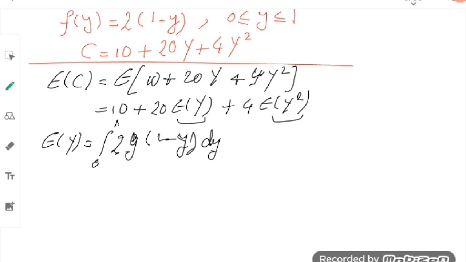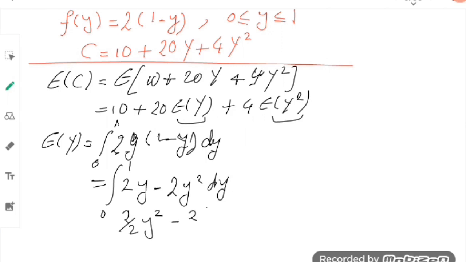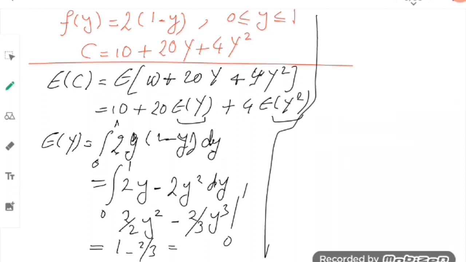This will be 2y minus 2y to the power 2, integral from 0 to 1 dy, which is 2 divided by 2 y square minus 2 divided by 3 y to the power 3, and then substitute from 0 to 1. This will be 1 minus 2/3, which is 1/3. So the expected value of y equals 1/3.